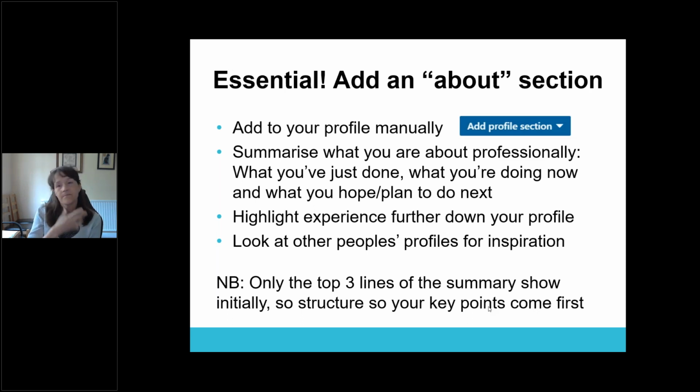But what you put in there is pretty much up to you. I would suggest you use it to highlight the experience further down your profile, maybe key projects or courses or work experience. And I'd also perhaps look at other people's profiles for inspiration to decide what approach you want to take, whether you're going to make it very long and personal or make it more succinct, depending on your own personal style.